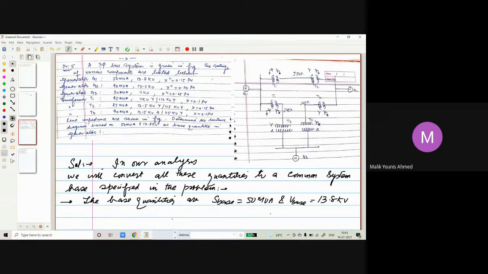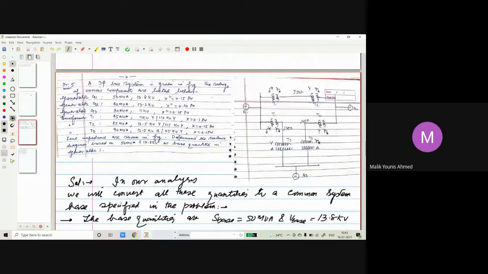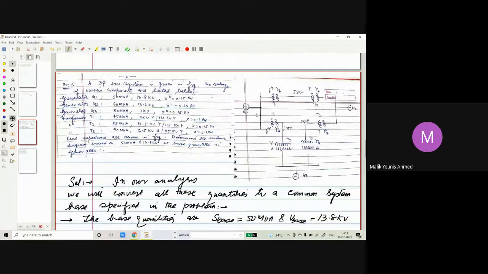First of all, I have told you that the system base, that is the complex power base, is going to remain the same throughout. Only the change will be in the voltage base, and that voltage base will change when we encounter a transformer. Here we know the base values of generator 1: 50 MVA and voltage 13.8 kV.